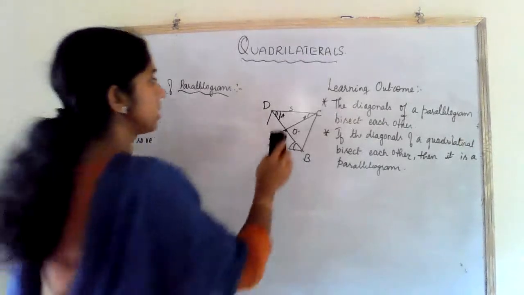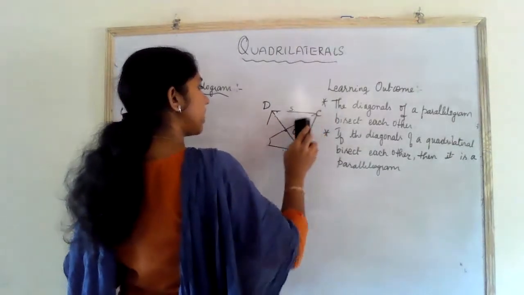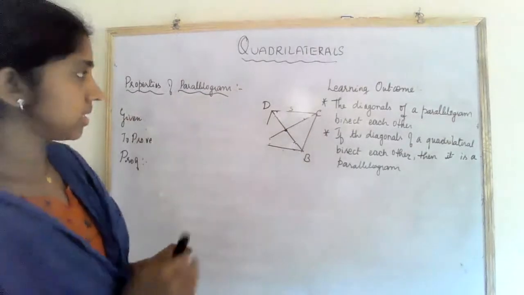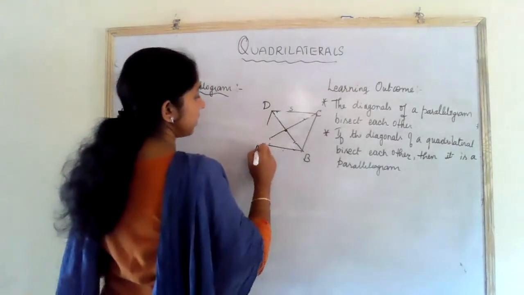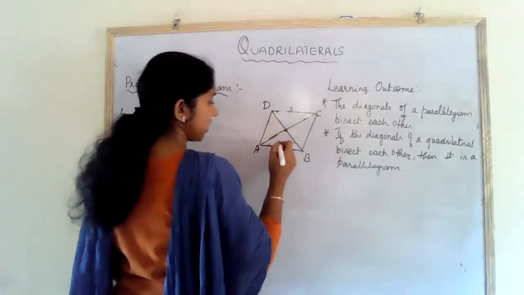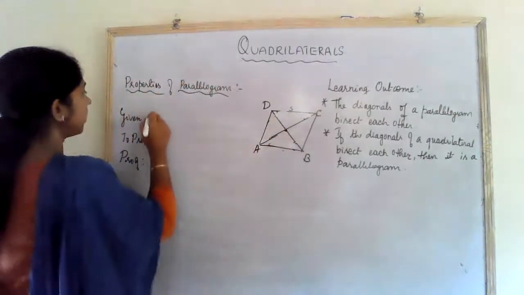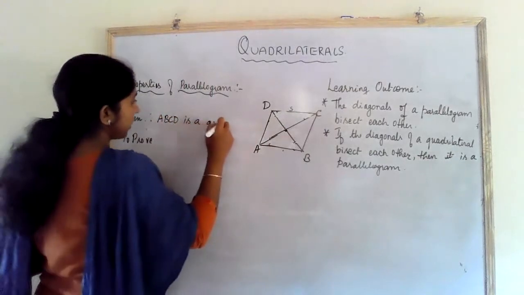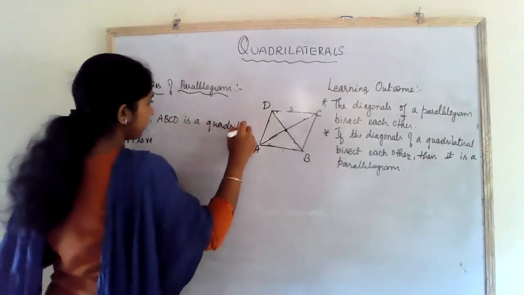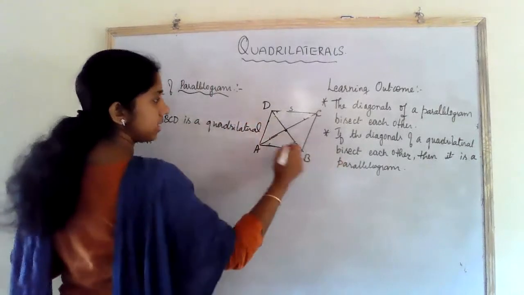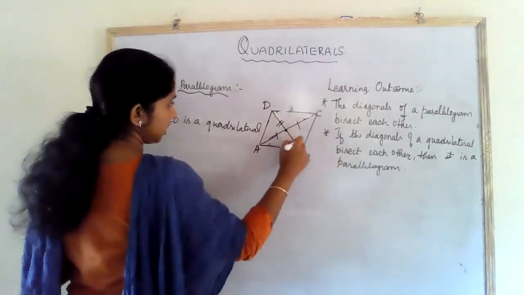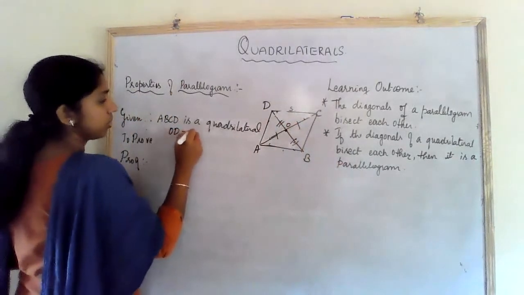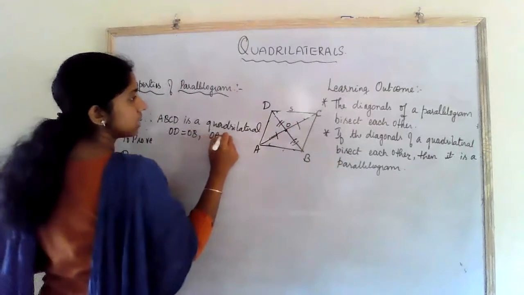You are doing the congruency, but not with the angles, because here we are not saying it is parallel. We are saying the diagonals bisect each other, and it is a quadrilateral. So what is given here? ABCD is a quadrilateral and the diagonals bisect each other: OD is equal to OB and OA is equal to OC.